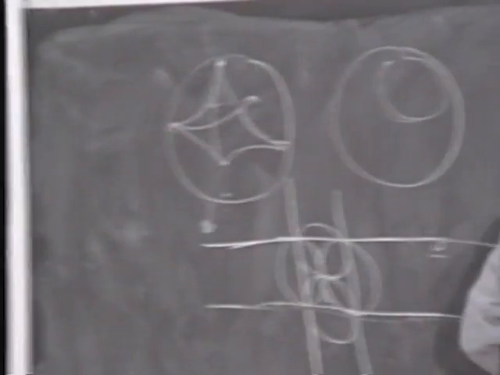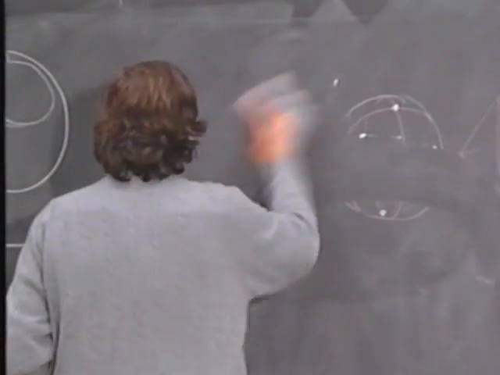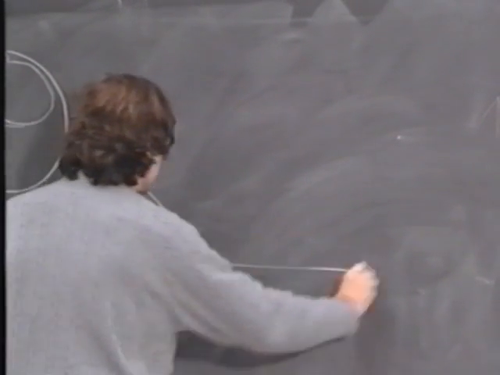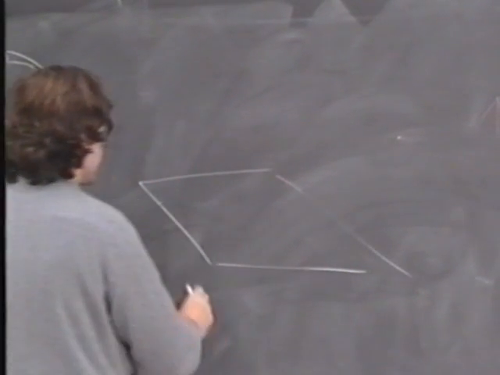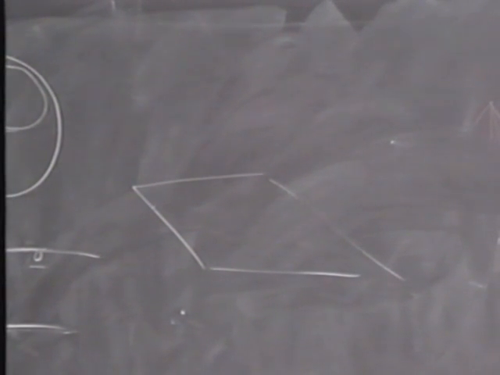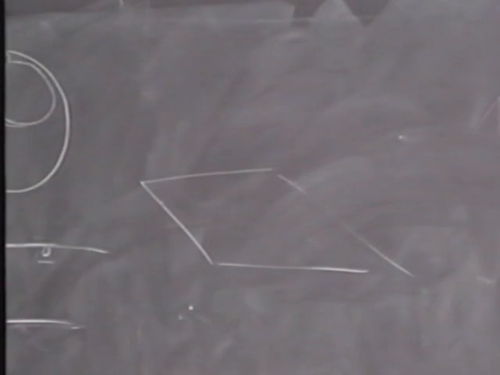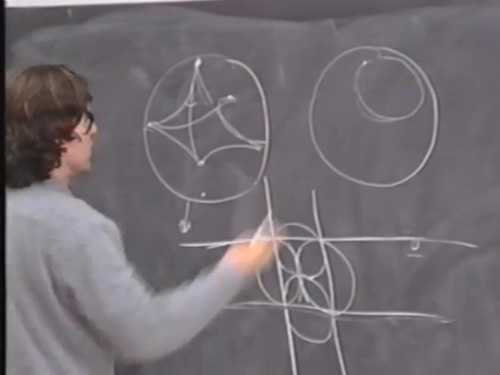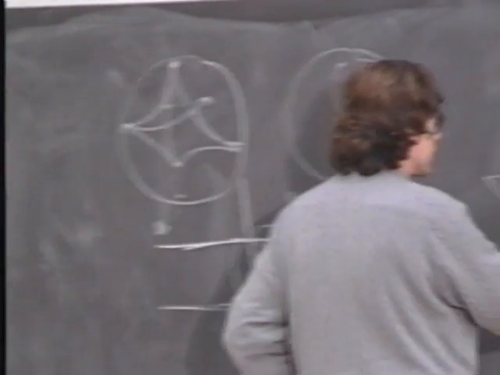There's another picture of hyperbolic 3-space that this is related to, namely upper half space. If you take a plane in R3, the region above it is one picture for hyperbolic 3-space. It's in fact just the image of the ball by stereographic projection.